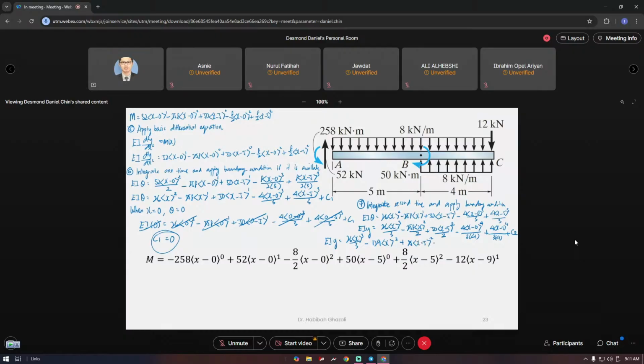Minus, so this 4 cancels 4, you will get x minus 0 to the power of 4 divided by 3. Same goes to this, 4 and 4 can be cancelled. Plus x minus 5 to the power 4 divided by 3 plus C2.